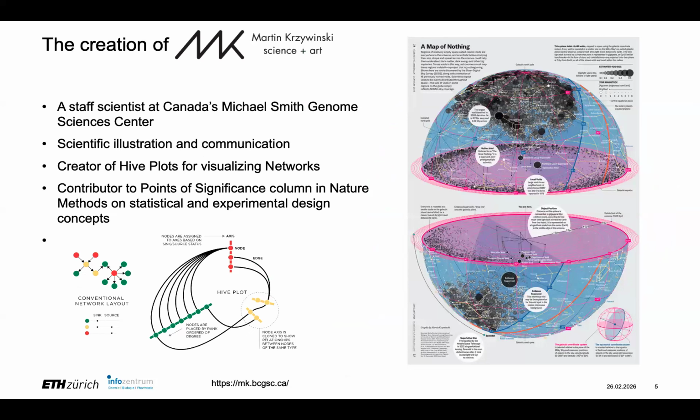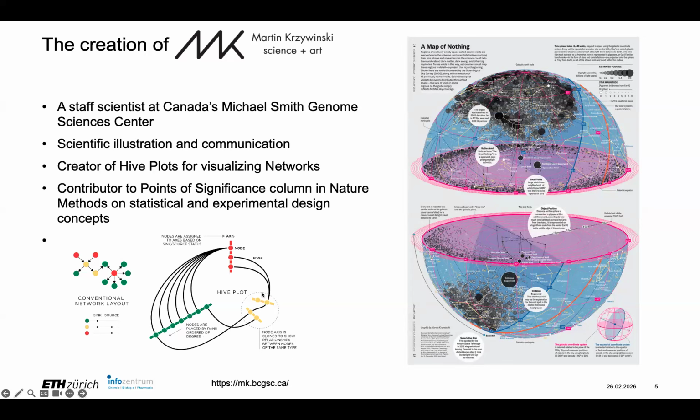Okay, this work is the creation of Martin Krzywinski, who works in science and art. He's a staff scientist at Canada's Michael Smith Genome Sciences Centre, and he does so much beautiful work on science illustration and communication. So this was an illustration he took part in for Scientific American, and he's also made a different way to visualize networks rather than this flat network view that you always see, which makes a lot of spaghetti in plots if you have a lot of things.